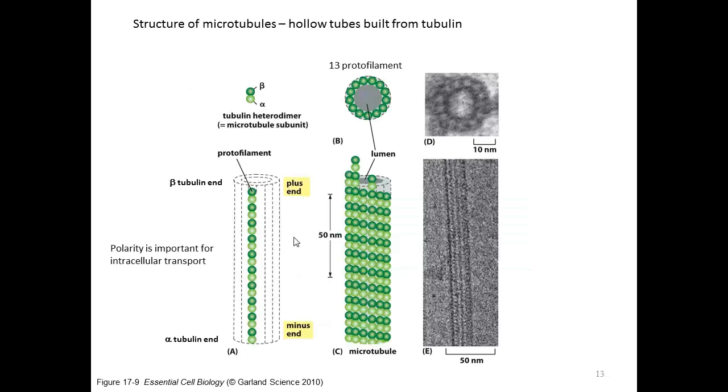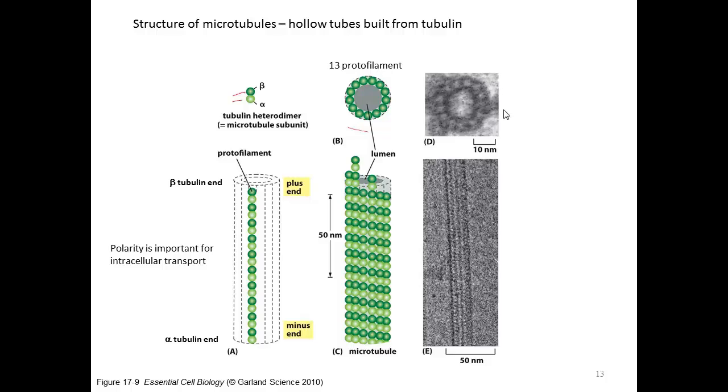So here's the basic unit of tubulin. It's a heterodimer of an alpha and a beta subunit. These alpha and beta subunits are organized into protofilaments, of which there are 13 within a single microtubule. You can see an electron micrograph here where you can even make them out.